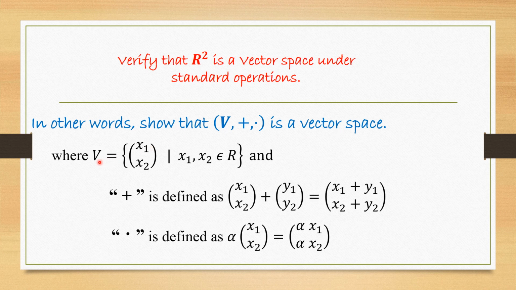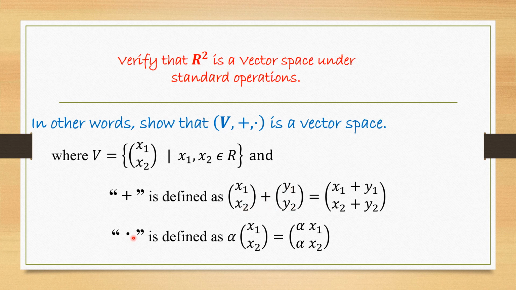Here V is a non-empty set of vectors x1, x2, taken in the column form. The components x1, x2 belong to R1 space, and addition is defined as x1, x2 plus y1, y2 is equal to x1 plus y1, x2 plus y2.